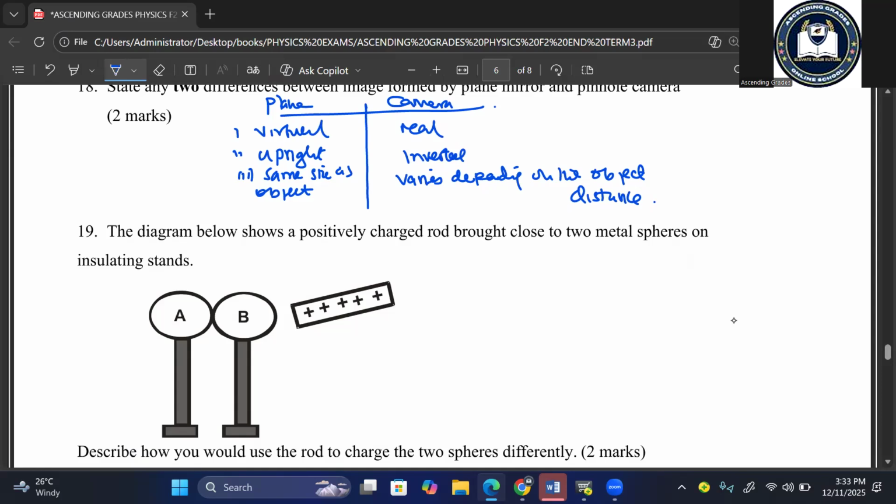Describe how you would use the rod to charge the two spheres. So, while the rod is in position, separate the spheres.